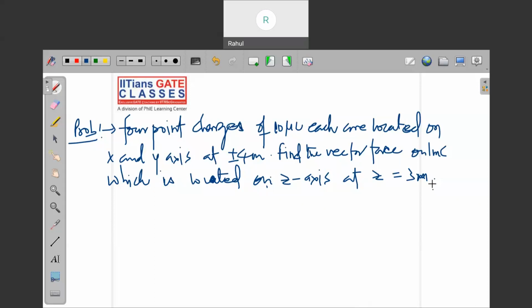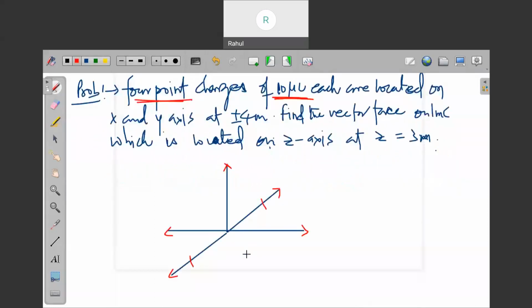It is located here, here, here, and here, and your next charge, that is 1 millicoulomb, where you have to find the force. So what you have to do here is put one charge here, that is 1 millicoulomb, which is located on z-axis.